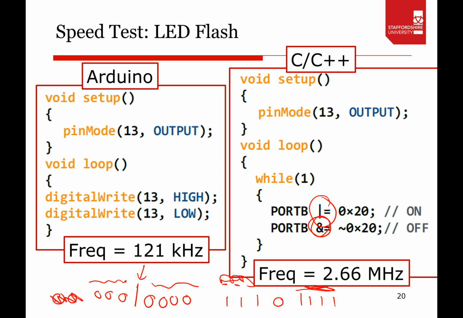However, if it was a 0, it'll still be a 0. So the point of these two lines is we're only affecting the bits highlighted by the hexadecimal or binary number, and the others are unchanged. We are ORing it in the first line to turn that one on, and in the second line, we are ANDing it with the NOT of 20 to make this one off.